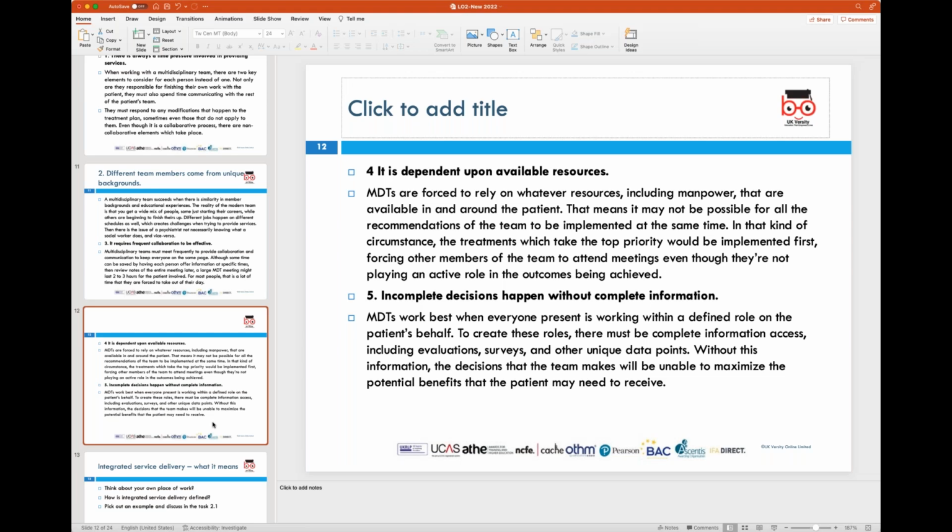Sometimes when there are lots of people within the teams, resources can become a constraint, and this tends to have an effect on the delivery of integrated care which the team is responsible for delivering.